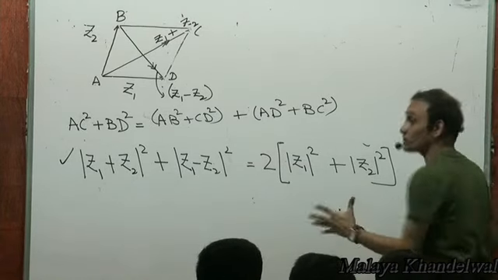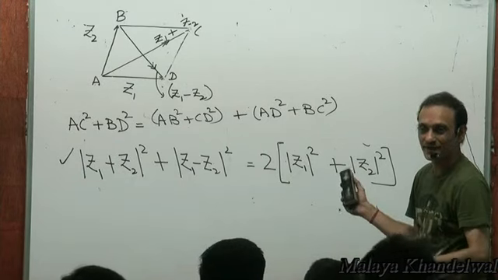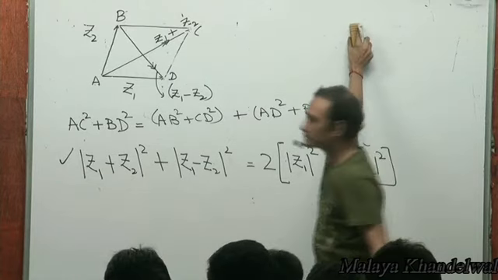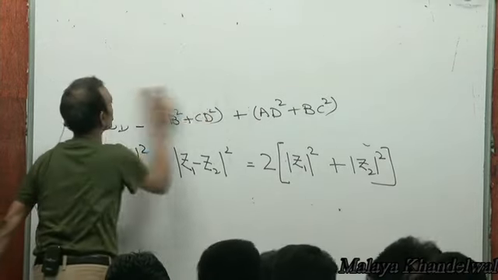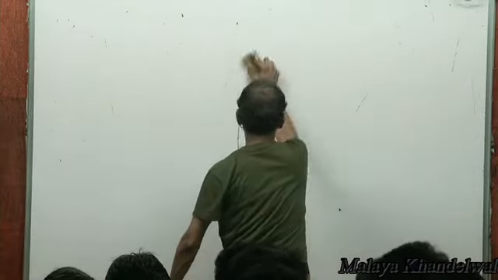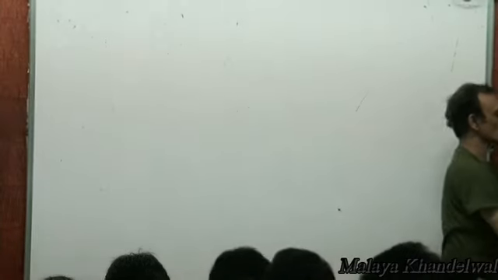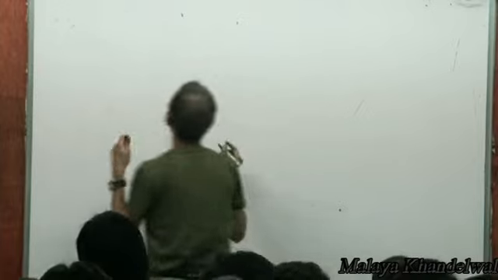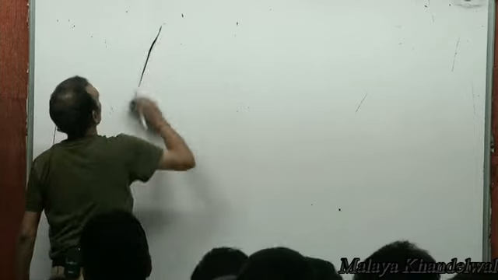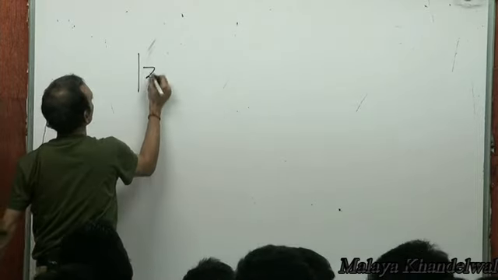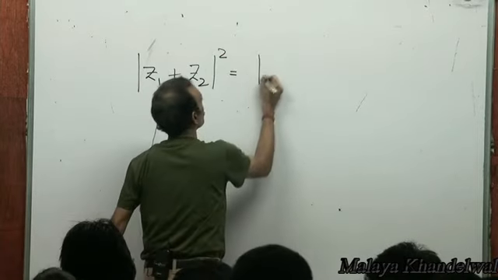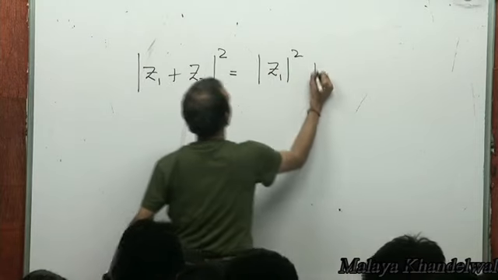Now, I have told you this result. Now the original problem that we were supposed to handle using this result, right? Can I wipe those off? See, what was given was mod of z1 plus z2 whole squared is mod z1 squared plus mod z2 squared.